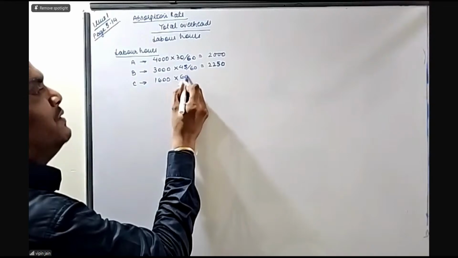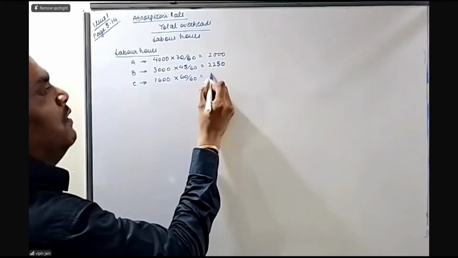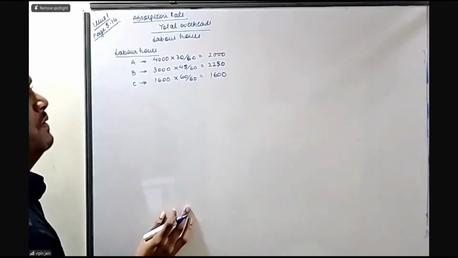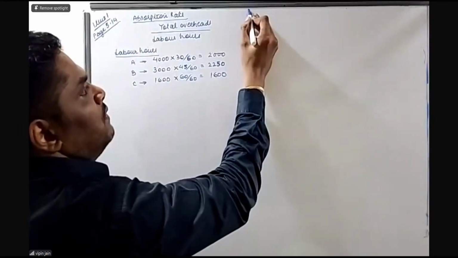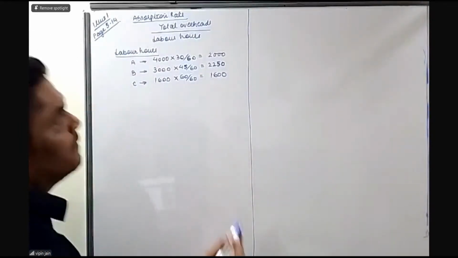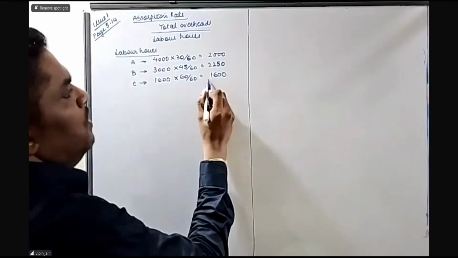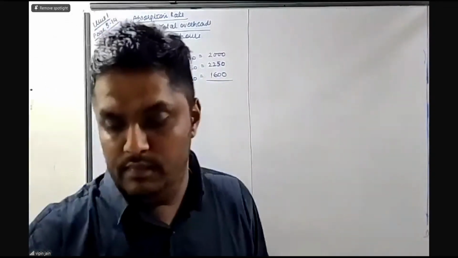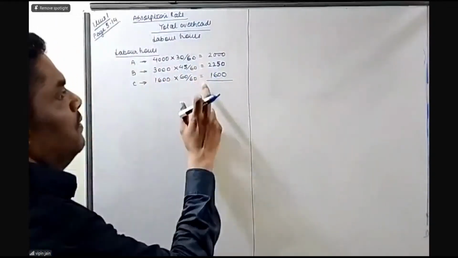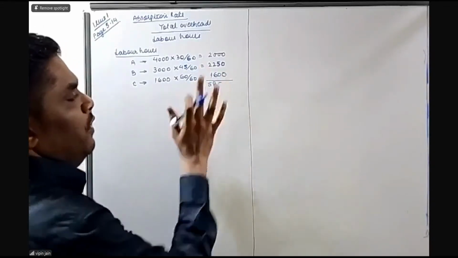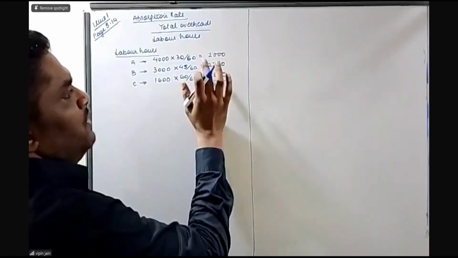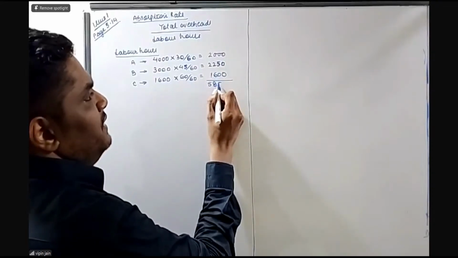And one unit is processed in 1 hour. So 1,600. So we have got the total hours, 2,000 plus 2250 plus 1,600.